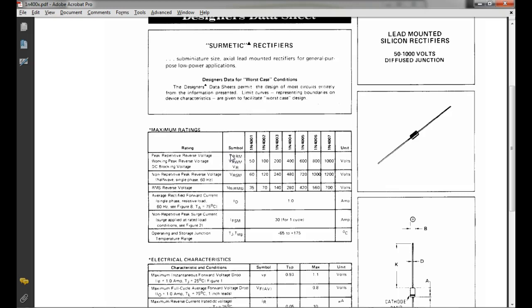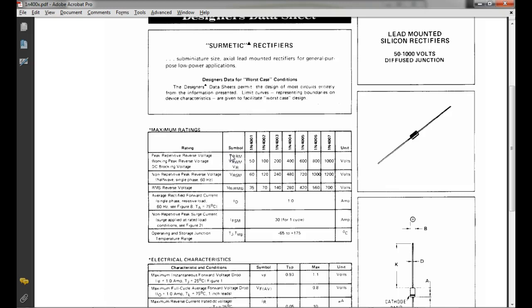So this guy's rated at 50 volts. The 4002 is 100, the 4003 is 200, of course, repetitive. Here's our average rectified forward current that we can run out of this thing. So these are 1 amp diodes. But for one cycle of the input AC, this guy can handle what? 30 amps. But that's for one cycle.